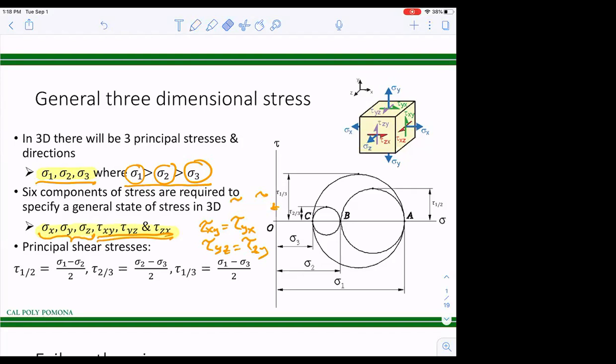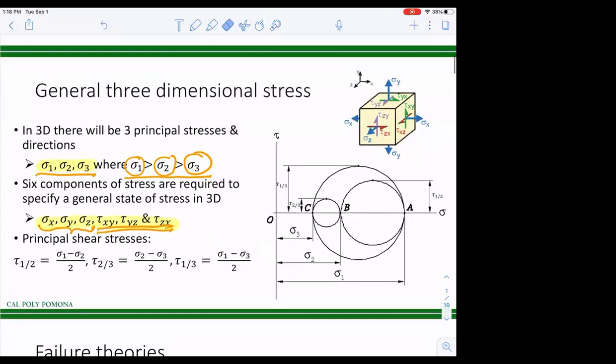Now, if you want to draw your Mohr circle for this, you can see that you're going to have 3 Mohr circles, okay? The first one is the AB Mohr circle. I'm drawing it with my orange color here.